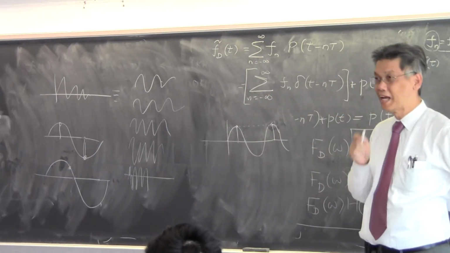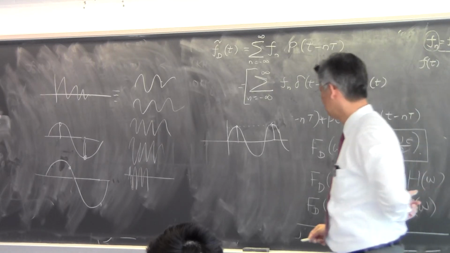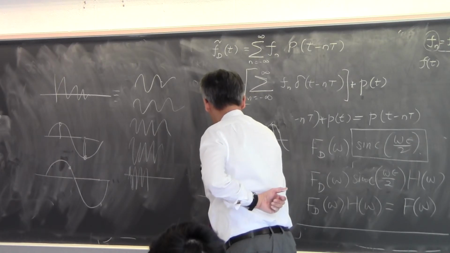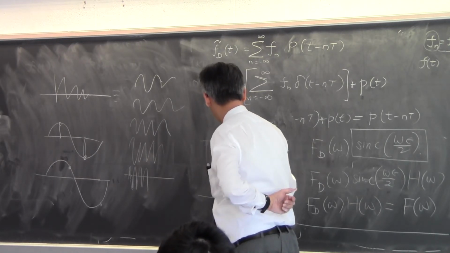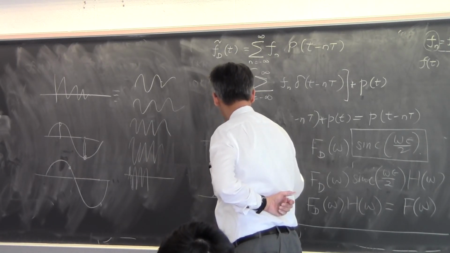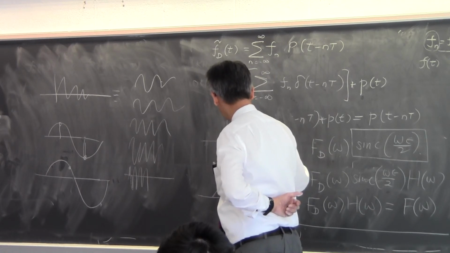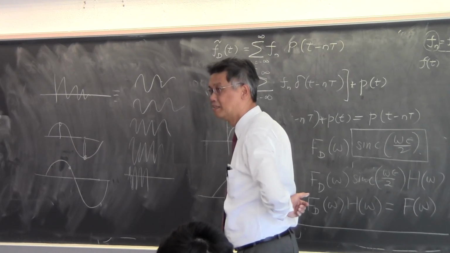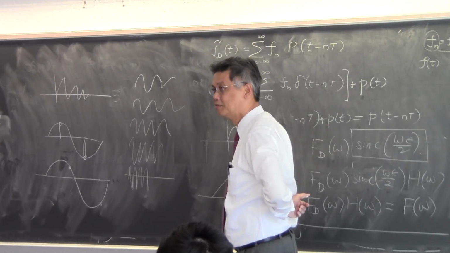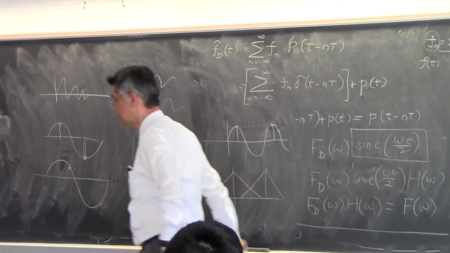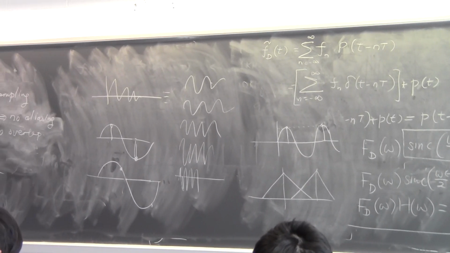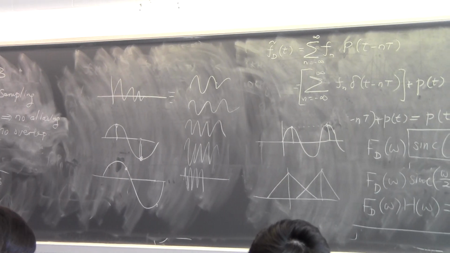You can't distinguish that signal from a DC signal, which means that if you sample at a bad enough rate, you get this aliasing. Some of the DC signal or low frequency signal will get into your band and get yourself confused, because of your sampling rate, and you cannot distinguish high frequency signals from low frequency signals. Okay, so much for today.